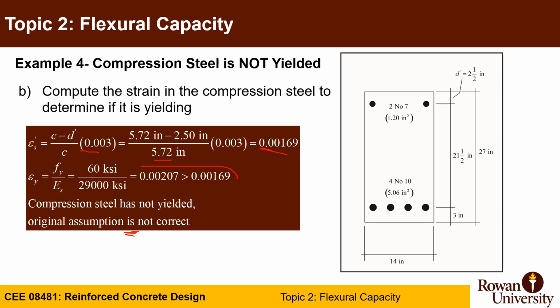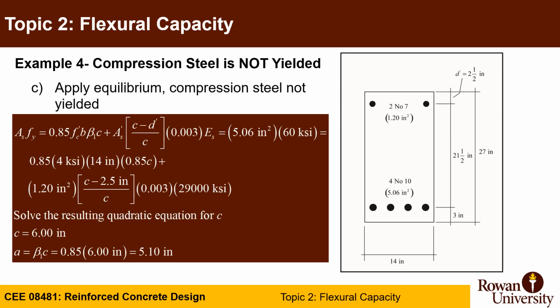Now you have to recalculate again because your first equation that you used is not valid. You have to resolve the equation using AS dash times FS dash. In this case, AS yield remains the same as 5.06 times 60.